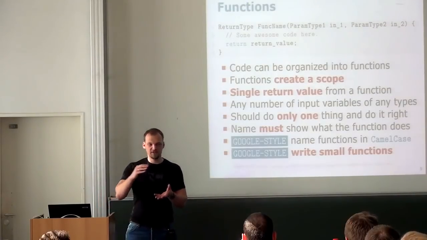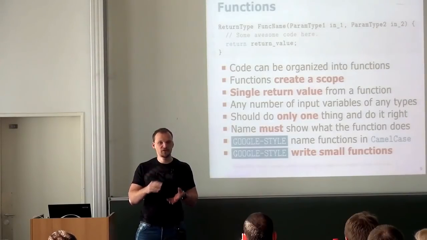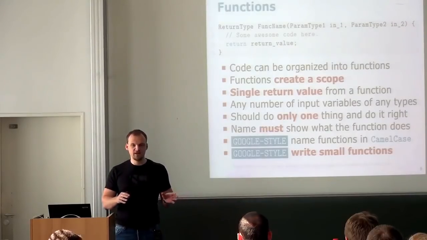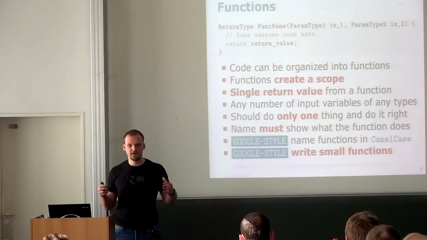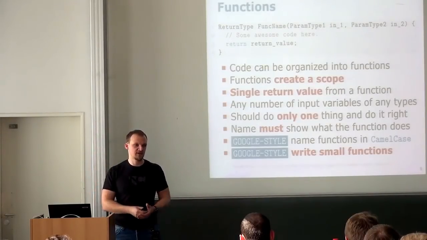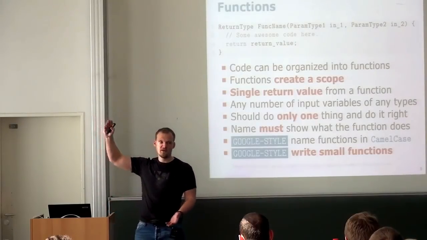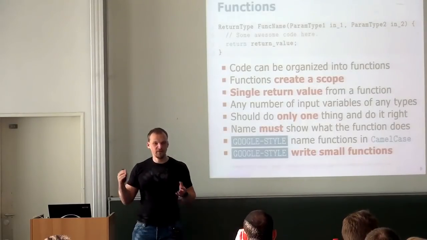If this part of code is used in multiple places around your code, it should definitely be a function. But even if it's used in one place, consider making it a function, because it makes your code much more readable, and then you avoid those trails of comments that a lot of people do. A lot of people just write one huge function and separate by comments the parts that they're doing. Don't do it. Make it a function.